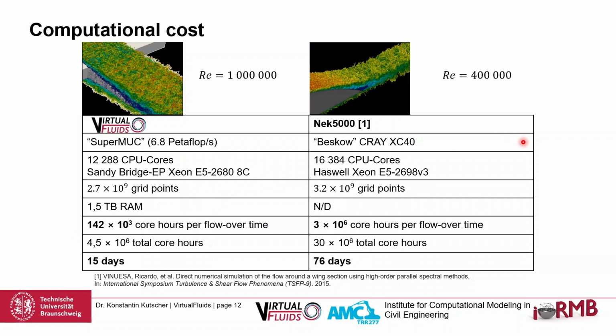I found some similar simulation, not the same, I think a NACA 0012 or another airfoil. You can see a very similar simulation in the image here, but the Reynolds number was lower, not 400,000. It used NEK5000, I think, a spectral code based on a spectral method.